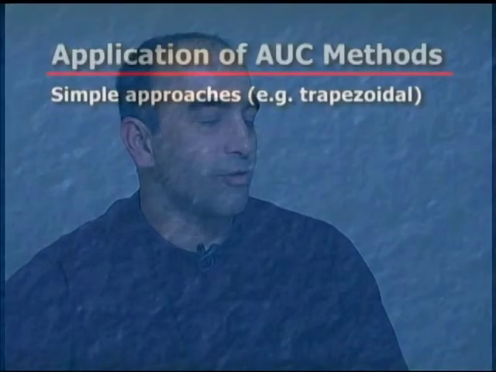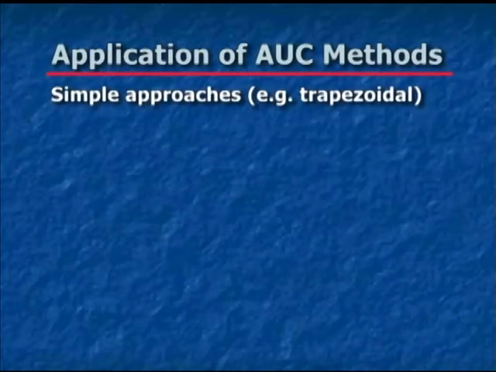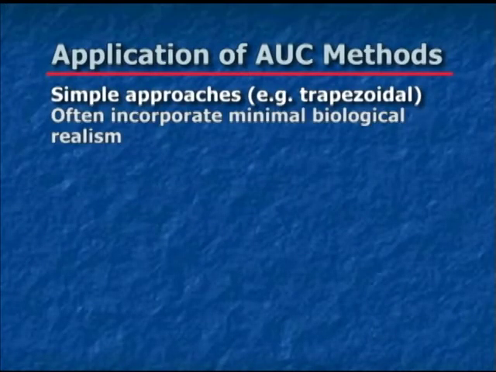For the application of the area under the curve methods, we've described some simple approaches with the trapezoids, and we've also described some complex approaches. Generally, when comparing them, simple approaches often incorporate minimal biological realism. So we talked about a situation where we had one value for survey life, and we tried to combine some of our estimates of observer efficiency in there, just average within a year.